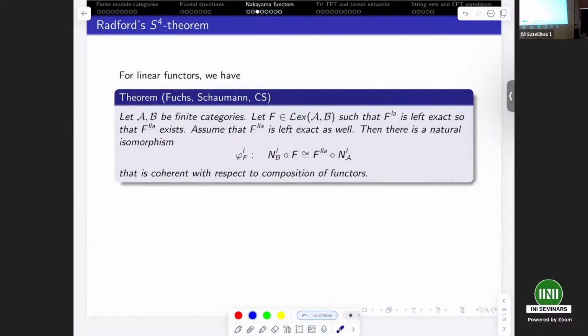Okay, now let's investigate a bit more this Nakayama functor. Remember that the Nakayama functor came from the following diagram. So I had here A and here A-op. No, sorry, it's wrong. Let me write it better.